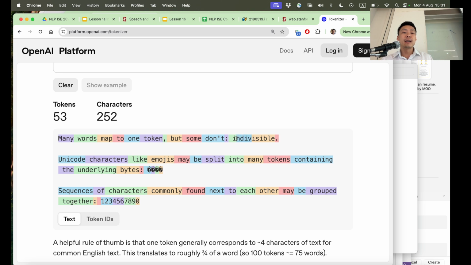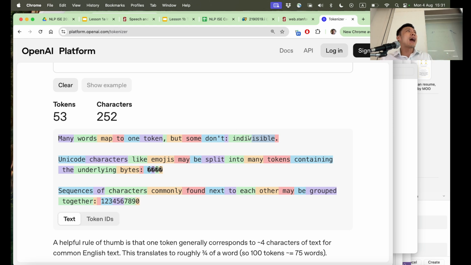Indiv, and then isable, okay? Which is interesting, right? Because isable can be a suffix, right? You have invisible, divisible, indivisible, so it could be a suffix.